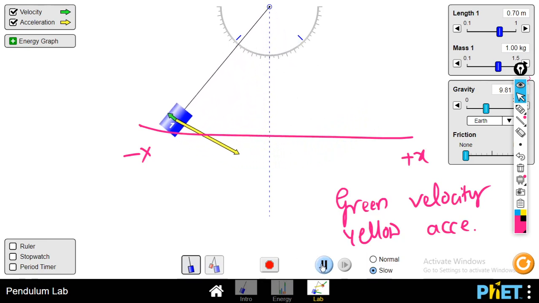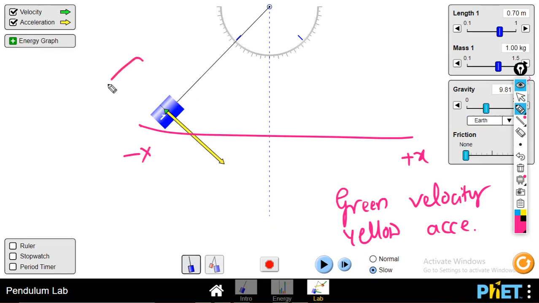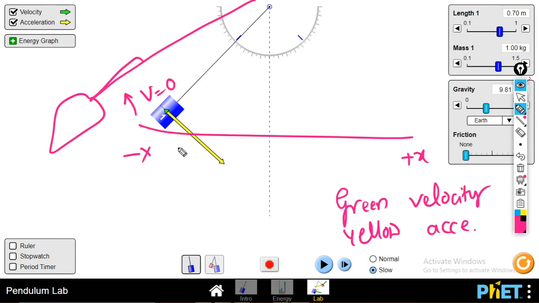At this highest point on the negative side, the velocity of that pendulum is obviously 0. That's the reason the pendulum does not move up to here. Why? Because its velocity here becomes 0. Here you can see the velocity direction and the acceleration direction. At this highest point, velocity is minimum, 0, and acceleration is maximum, and they are in opposite directions.